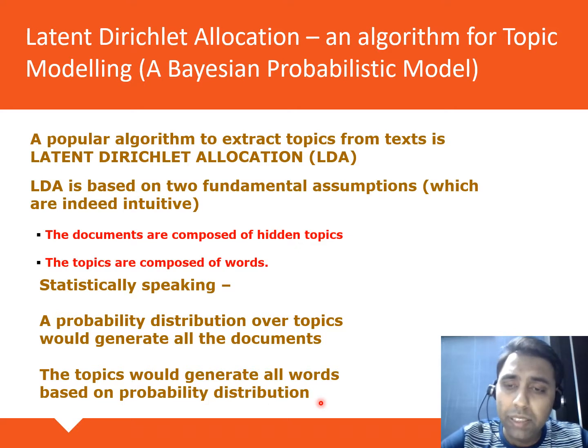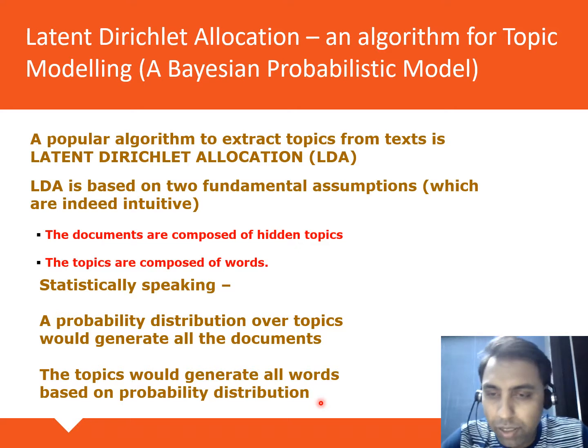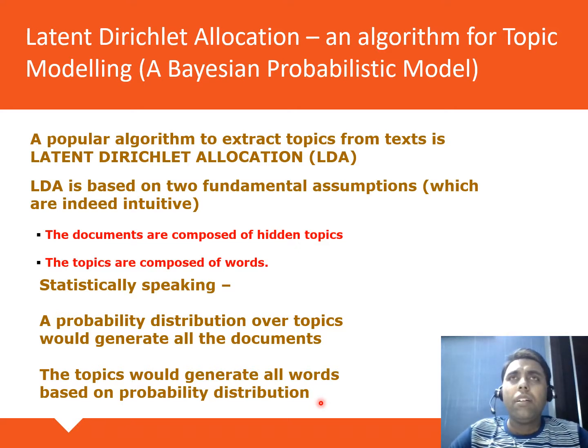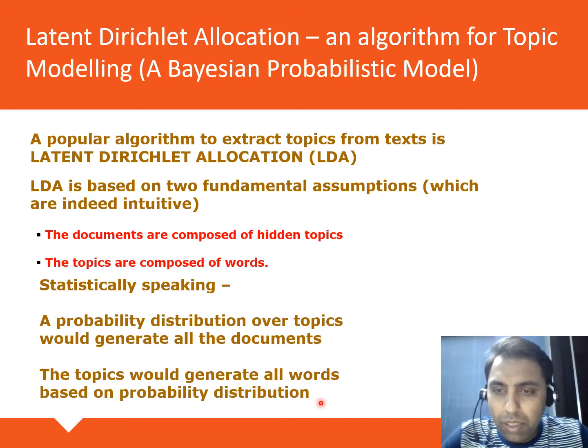Let's say I have 100 documents, which means I am dealing with data of 100 observations, and I say that there are three distinct topics hidden in these 100 observations, and I assume a probability distribution of how these three topics are distributed across the 100 documents.